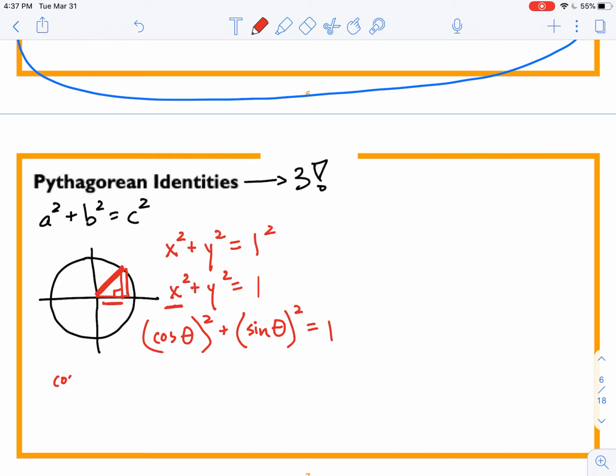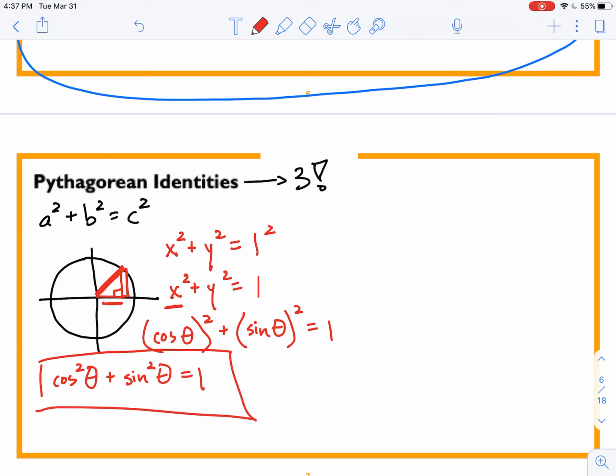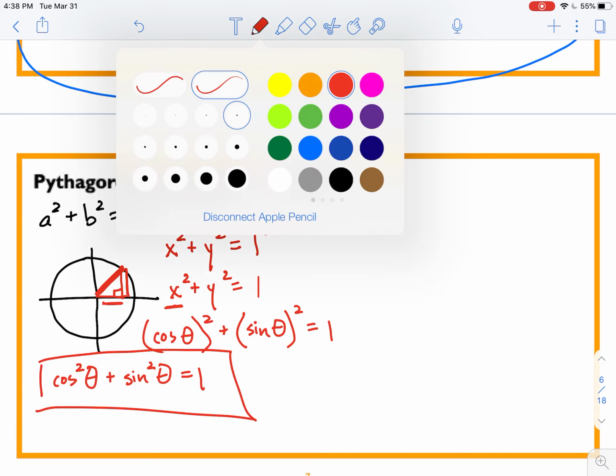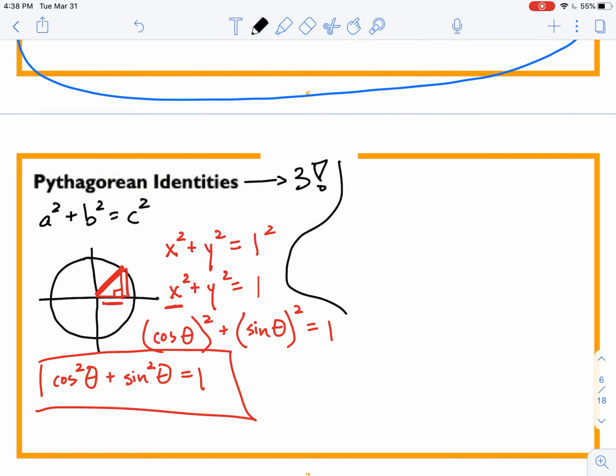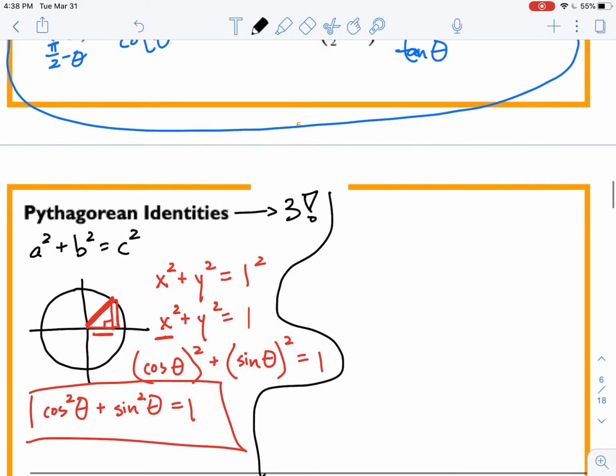And so instead of writing cosine theta squared, they actually write it like this, cosine squared theta. And we would do the same thing for the sine, so we would get cosine squared theta plus sine squared theta equals 1. And this is the Pythagorean identity that I choose to memorize. And I'm going to show you how we go from this one to the other two.